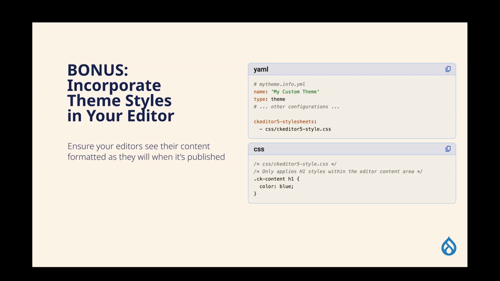Within that style sheet, the best practice is to prefix your selector with this class, CK content. Because CKEditor 5 doesn't use an iframe, if you were to just say, change H1 to this color blue, then that would actually override the standard H1 styling in your admin theme. So using this for broad selectors like that is a good way to contain them and make sure they only apply within the WYSIWYG.